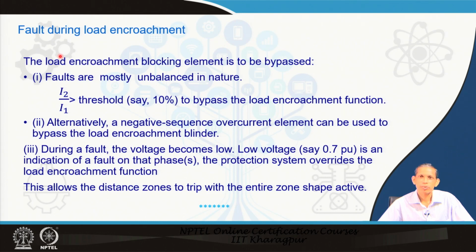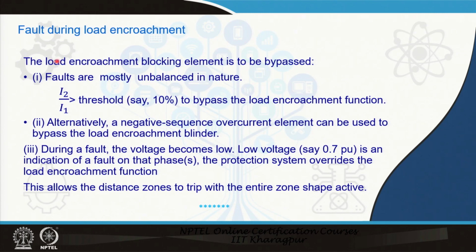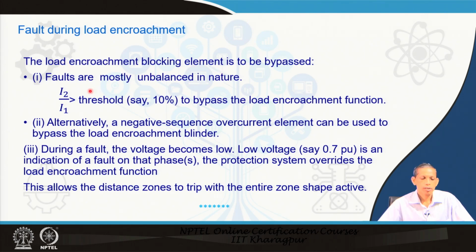But a fault happens to be there in that zone. Because this is a fault, the relay must trip, the relay has to take care. Therefore, the blocking because of the load encroachment issue prior to the fault must be withdrawn. Then how do we do this in the relay characteristics? The load encroachment blocking element is to be bypassed.